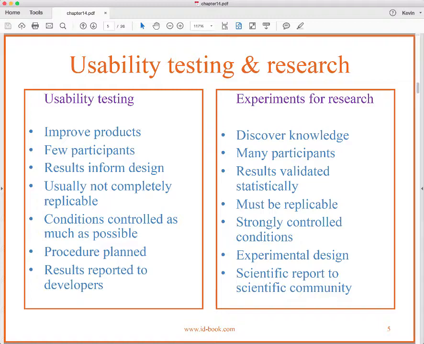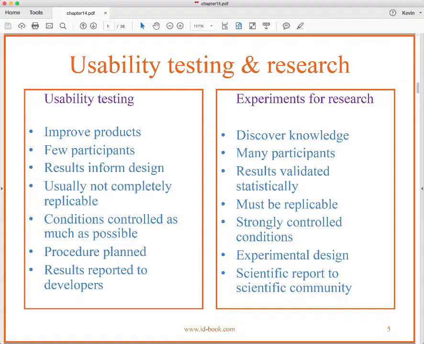column of the slide. And in that case, we're doing experiments for research, hopefully publishable research, because that's usually the standard. We want to discover knowledge. We're going to have more participants. The results are going to be validated statistically. It must be replicable. We're going to have strongly controlled conditions.